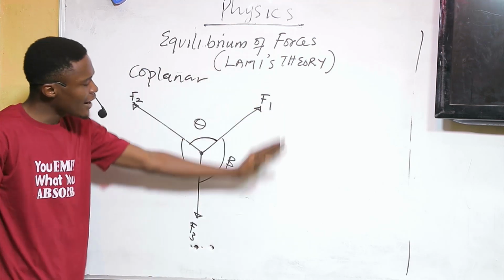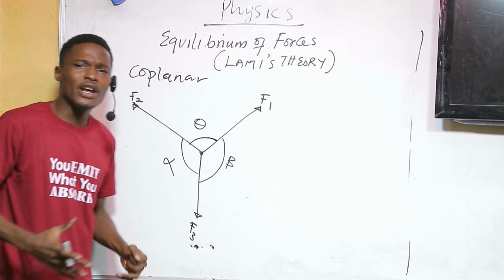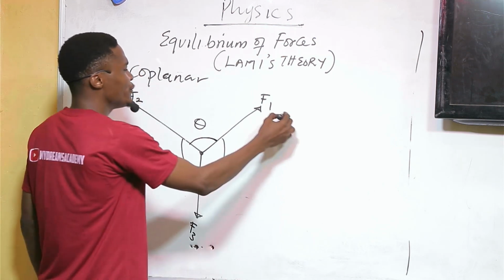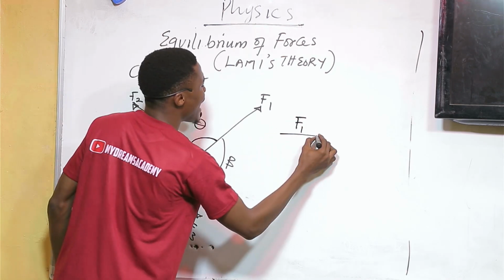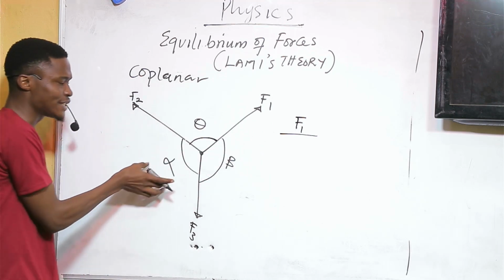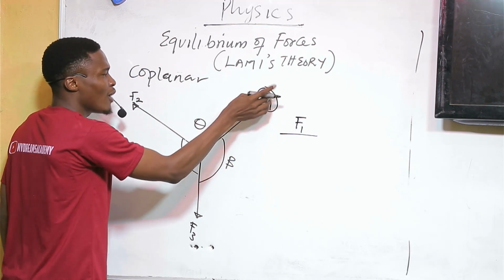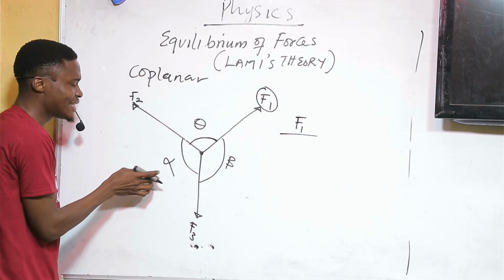Now, once you have a diagram that looks like this, Lami's theory said that if you pick one of the forces, let's say we start with F1, and divide it by the sine of the angle it is facing. Looking at F1, what angle is facing F1? It is alpha.